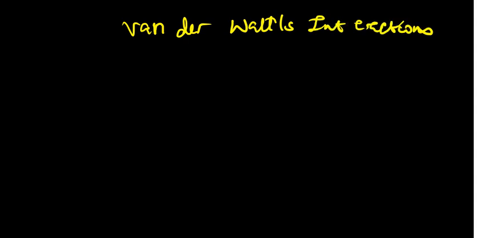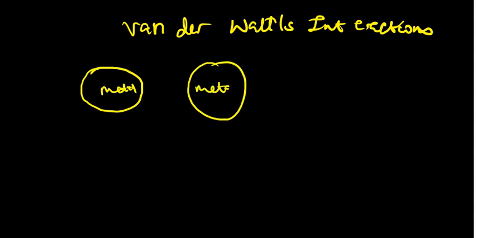When any two atoms approach each other closely, regardless of whether they are neutral, let's take for instance a metal and another metal. In this metal we have an equal number of charges. We have electrons and protons, so we have negative, positive, positive, positive, negative, negative. So we have all types.